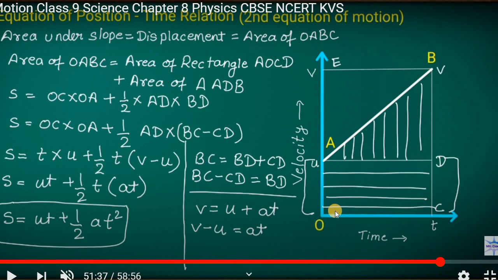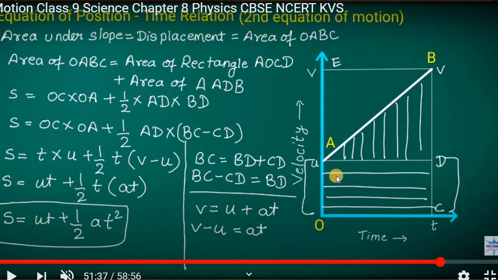So the area of OABC is equal to the area of the rectangle, that is OACD, and we add the area of ADB to it.